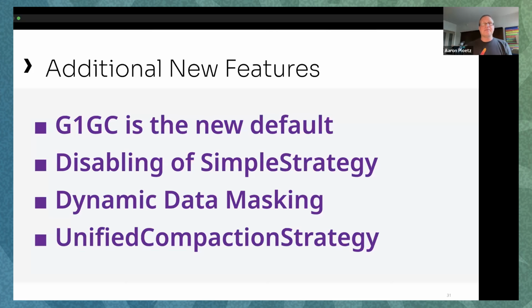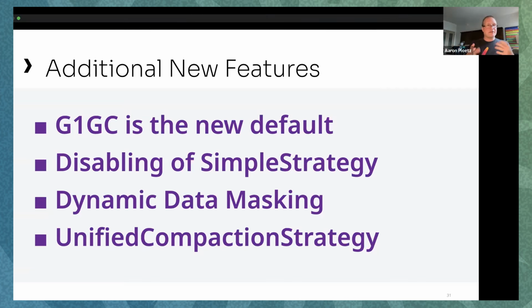The default for years has been size tiered compaction strategy, which has been really good. Size tiered is really good for write throughput, which originally is what Cassandra was designed to be super good at. And then of course, leveled came around in terms of being able to support at least 90% of all reads from a single SSTable file.